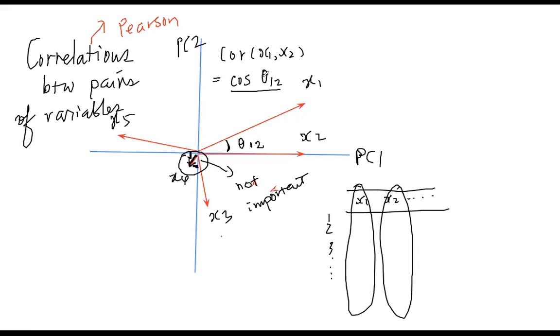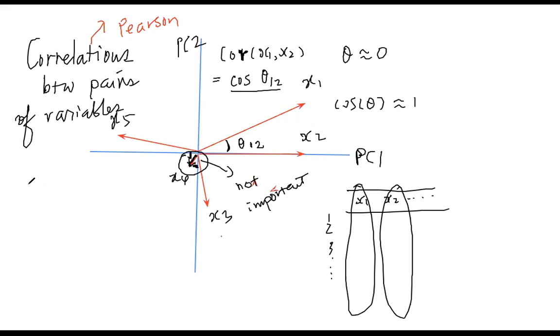The cosine of the angle will be equal to the Pearson correlation. So obviously, if theta is small, then cosine of theta will be high, close to 1.